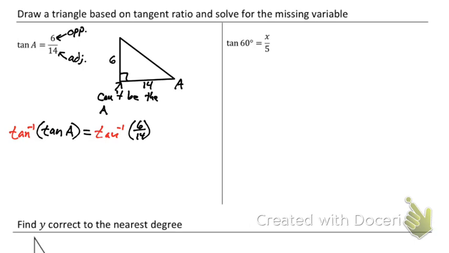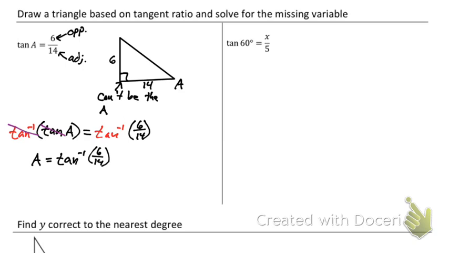Because tan and tan inverse, since they're inverses of each other, they undo each other. It's kind of like one pushes and one pulls. If I push you and then pull you back to the same spot, you're where you started from. So since they undo each other, they cancel each other out. So that tan inverse and that tangent actually cancel each other out, and we're left with just A. And A equals the tan inverse of 6 over 14.